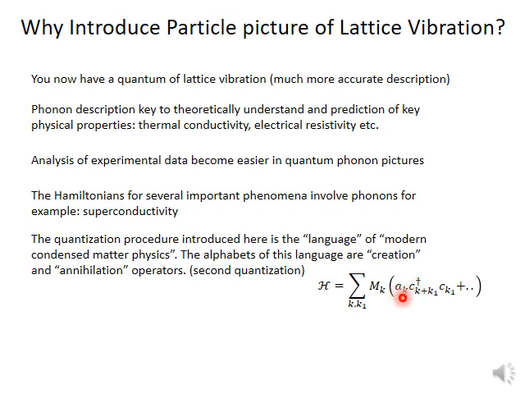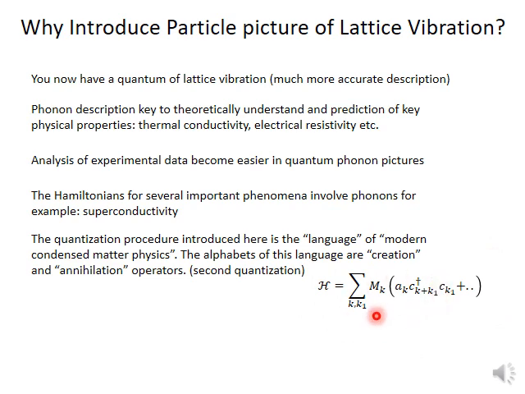For example, you can have events where a phonon at a certain wave vector k is annihilated, an electron at another wave vector k plus k1 is created, and another electron at wave vector k1 is annihilated. This would represent one process which is usually used to describe superconductivity, for example.